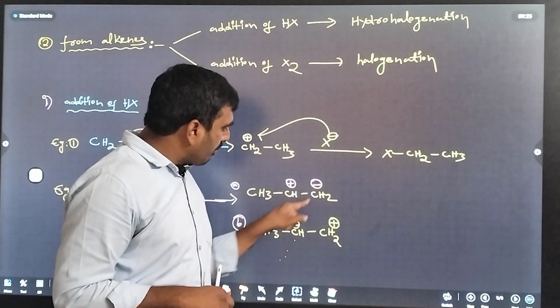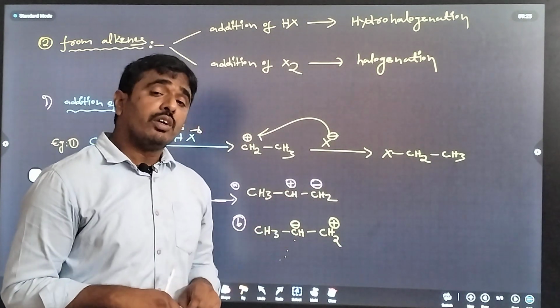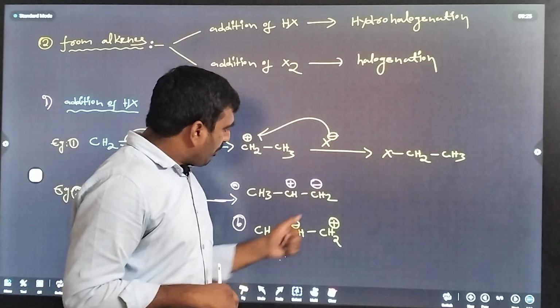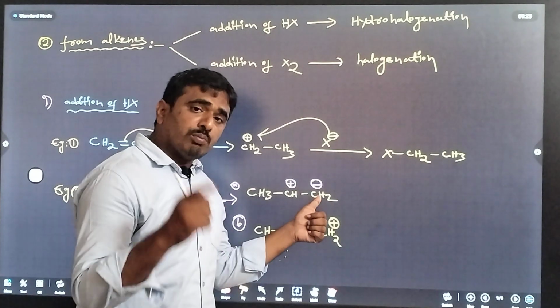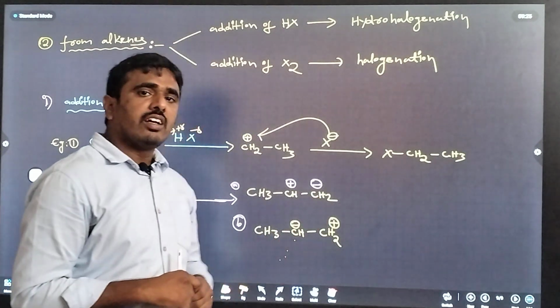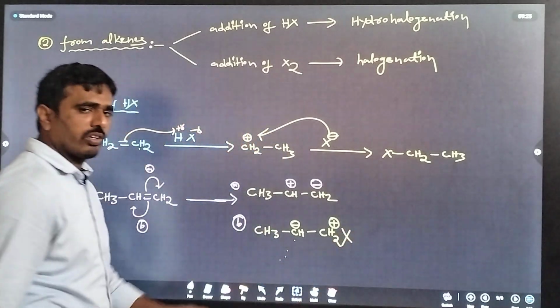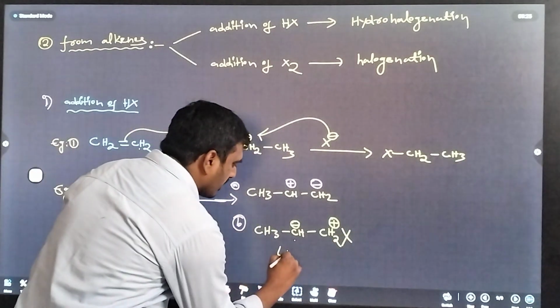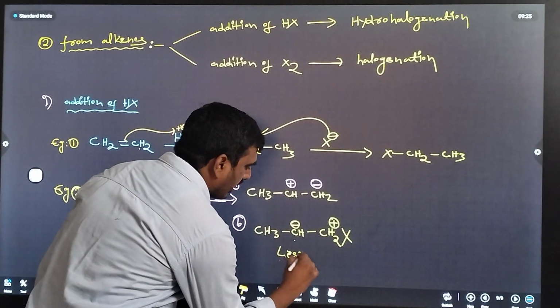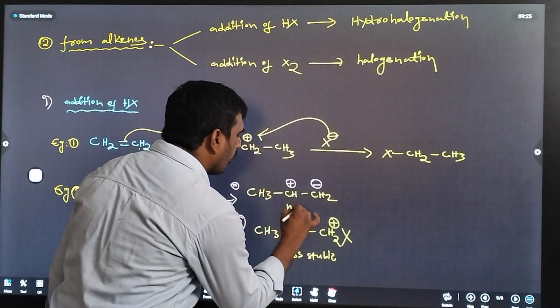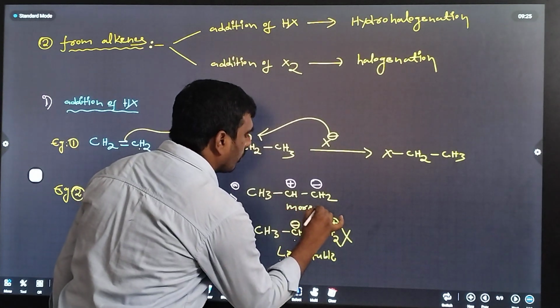This is the primary carbanion, this is the secondary carbanion. Which is the most stable? Primary carbanion is more stable when compared to the secondary carbanion. So that's why this is not feasible, that means a less stable compound. This one is more stable.